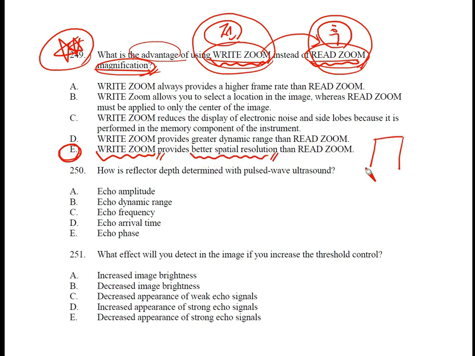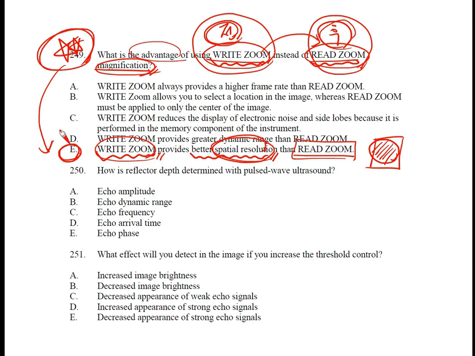However, if you enlarge a photo after it has already been taken, the pixel quality decreases accordingly. Therefore, with read zoom, since you are enlarging an image that has already been stored, there is the disadvantage of reduced spatial resolution. This is the first comparison between the two here. Next, the most frequently discussed point is actually what this question is asking about. So in terms of spatial resolution, write zoom is superior. Just make sure to check this point carefully.